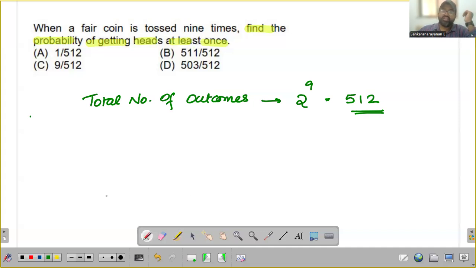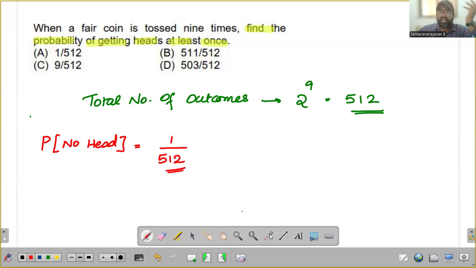So for answering this question, first I will find out the probability that I am going to get no head at all. Which means all are going to be tails. You can see that it will be 1 out of 512, because tail, tail, tail, tail, tail, tail, tail, tail, tail is going to happen only once. So no head, all of them are tails, it is 1 by 512.